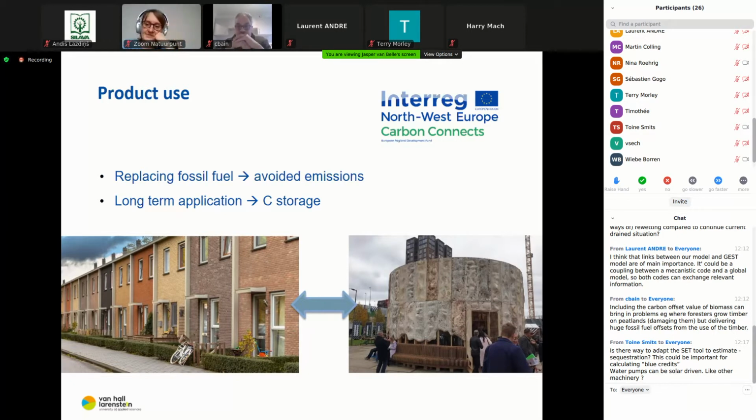If you succeed in using the biomass for these bio-based building materials, then the carbon in the biomass is stored for some 25, 30, maybe even longer years. So you can claim carbon storage for this.